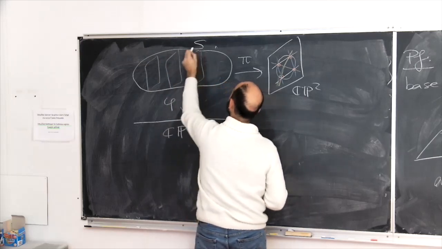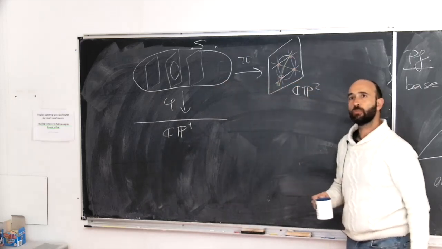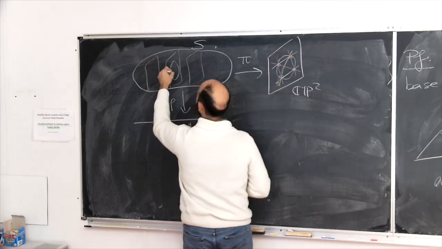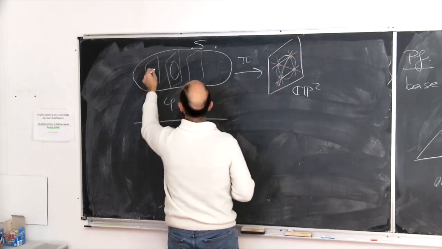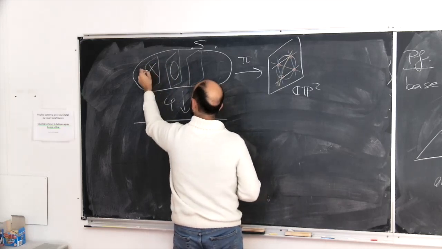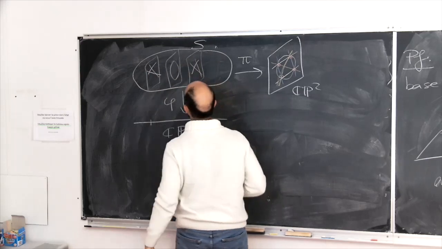So most of the time, the curves that you'll see in a fiber will be smooth, but occasionally they will degenerate into singular objects, and at m places, they will degenerate completely into lines.